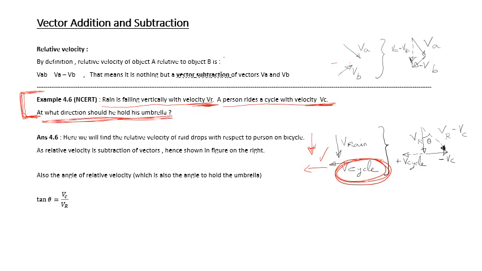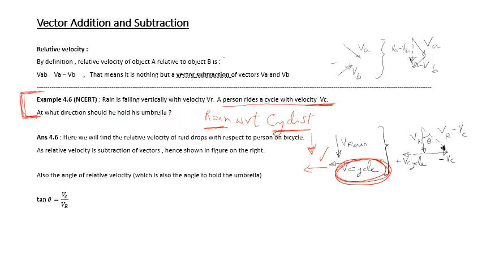So what we need to know is the relative velocity of rain with respect to cyclist. If we know the direction of that velocity, we can know at what angle the cyclist should hold his umbrella.